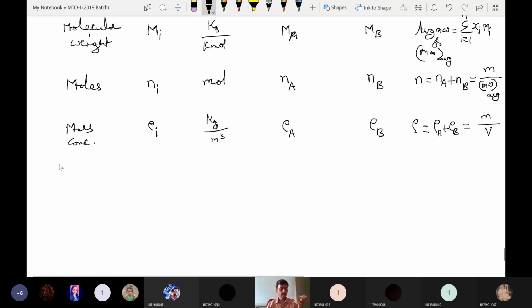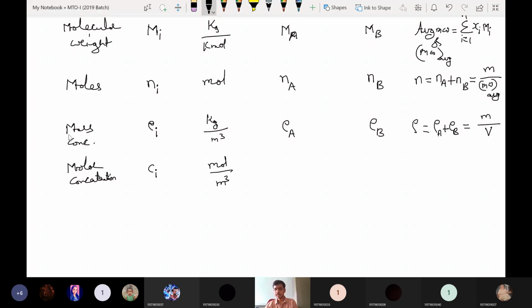Then the next one is molar concentration. Now mass concentration is defined, then we will define molar concentration. This will be denoted by small c, subscript small i. Molar concentration is nothing but simply a concentration. Concentration will have units of mole per meter cube.